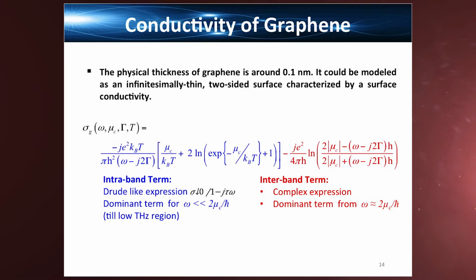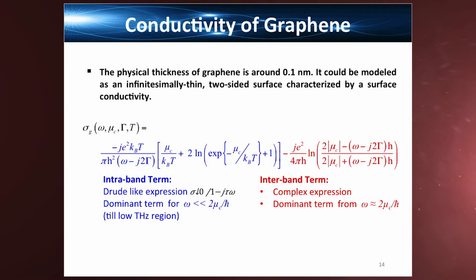The surface conductivity of graphene consists of two terms, the intraband term and the interband term. The intraband term of conductivity has a Drude-like expression in terms of frequency, and the interband term has a complex expression, which involves a logarithm function.